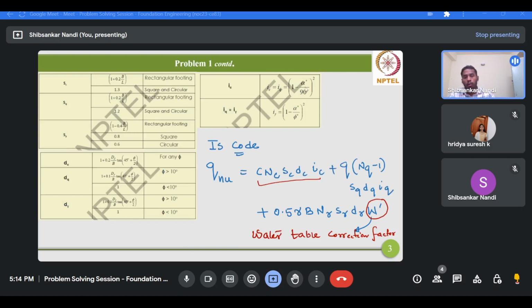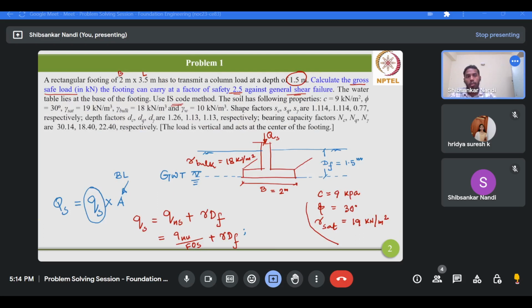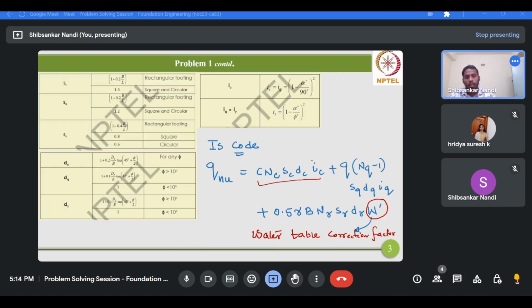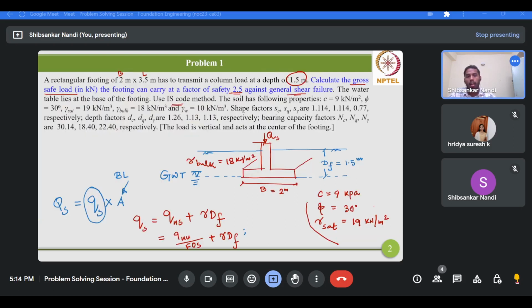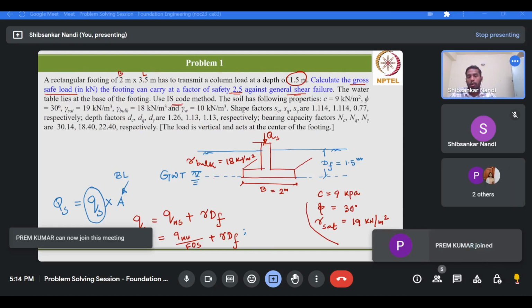Now the remaining task is to substitute these values appropriately in the appropriate locations. Before going into that part, first we will calculate the water table correction factor. This information is not directly given in this problem, rather the water table location is indicated.